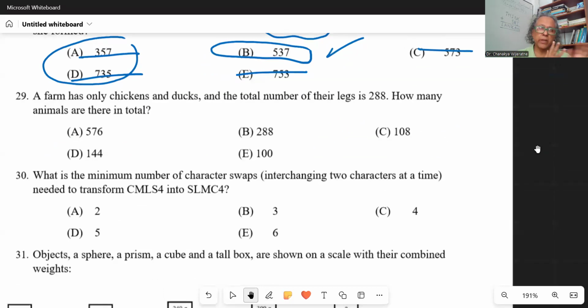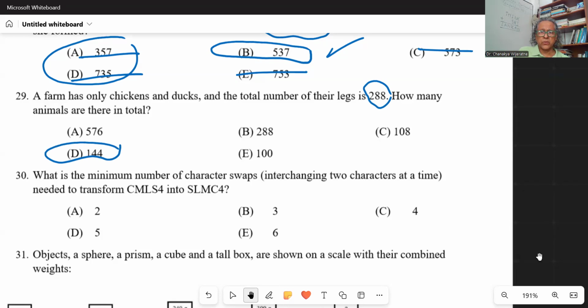Normal ducks, they don't have 3 legs, or 1 leg, right? So if each one of them has 2 legs, then if you divide 288 by 2, we get the number of animals in total. How many? 144, right? See how easy it is when you understand the question, right?